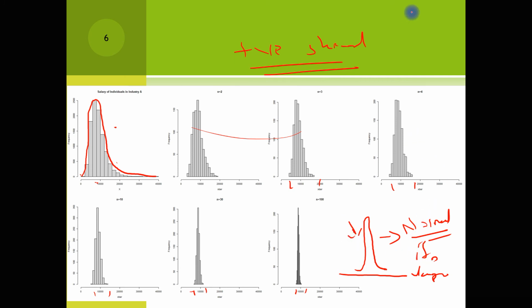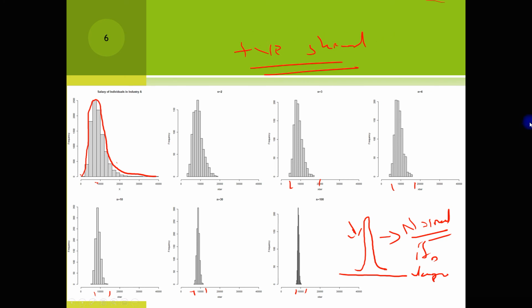That is one of the beautiful things about the central limit theorem. In fact, I don't really need to know what the population distribution is. Even if I did not know that, it would not have been a problem because the central limit theorem shows that in the end, irrespective of what the population might have been, if the sample size is large enough, x bar will always be a normal distribution.